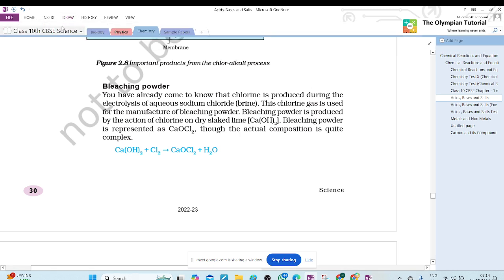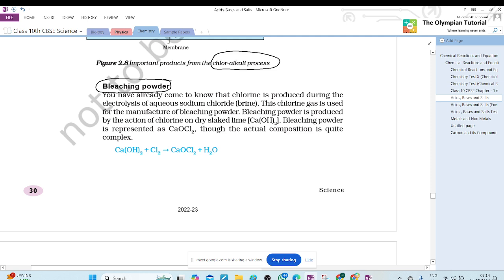So we will do the topic bleaching powder. Chlorine is produced during the formation of NaOH. In the above process, the chloralkali process, chlorine is also produced.